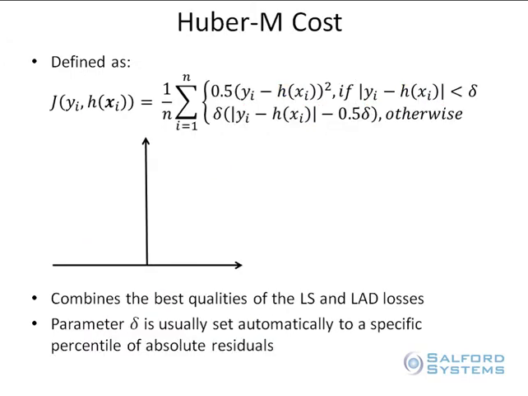Our next cost is known as Huber-M, and this cost is introduced according to this, at first glance, horrendous-looking formula, but it also has a very nice underlying intuition. Suppose this time I plot a different graph where on the horizontal axis I introduce my residual that could be either positive or negative, and observe that the residuals are this term and this term.